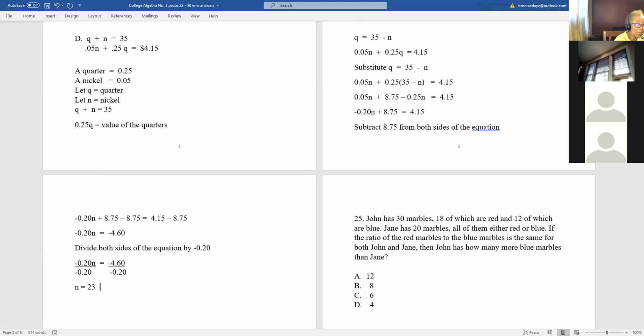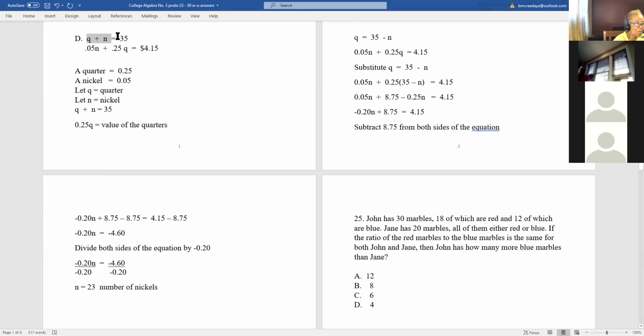And that's what? That's the number of nickels, right? So how would you find the number of quarters? How many total was there? Quarters plus nickels was 35. Remember this?